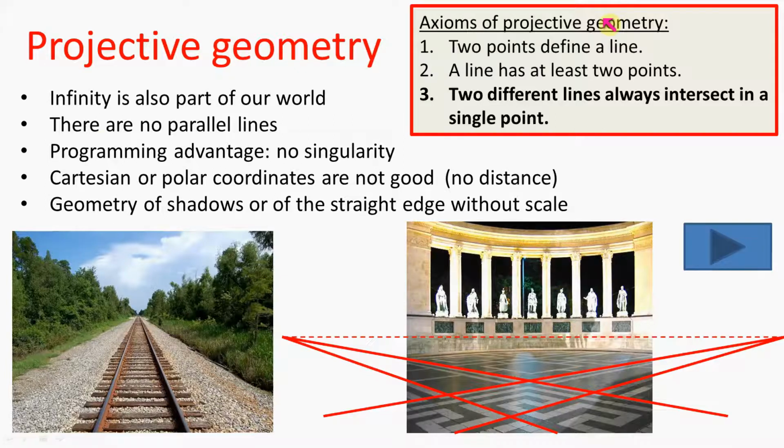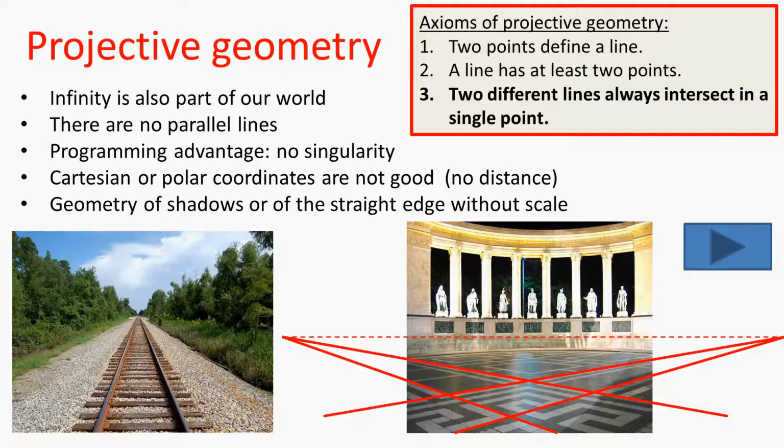So the axioms are, again, very similar. There are two main differences. As far as the parallel axiom is concerned, in projective geometry, two different lines always intersect in a single point. In a way, it is exactly the same as the parallel axiom of spherical geometry.